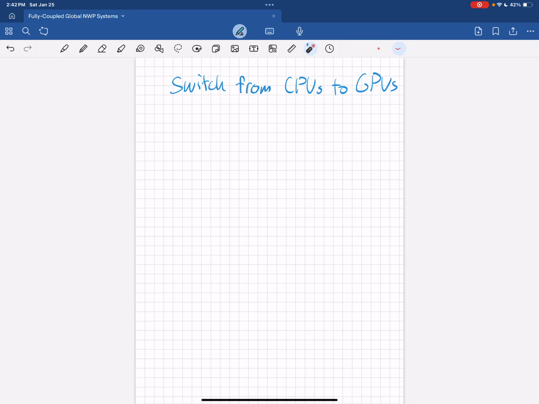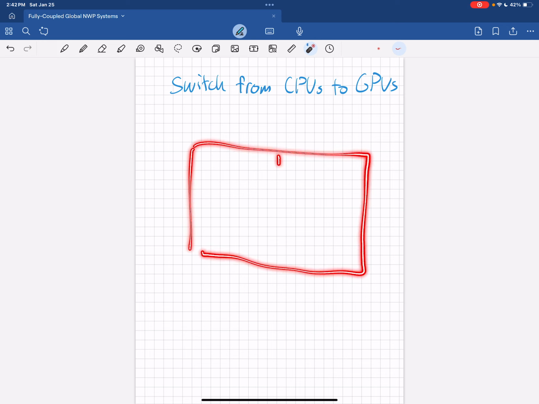So GPUs are much, much better at doing this kind of image processing, which is basically what numerical models in a way are. And the main thing about GPUs is that it's in the same format as numerical grids too.